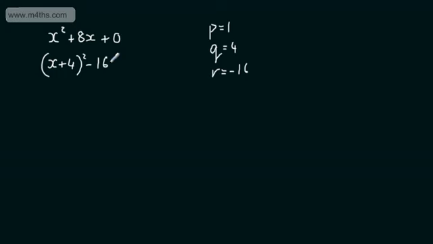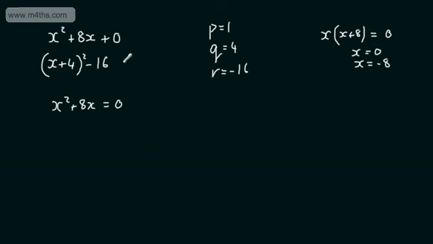Now, if we wanted to solve the equation x squared plus 8x is equal to 0, we could use this method, but quite clearly that factors to x times x plus 8, which would give us now that x was equal to 0, or x would be equal to minus 8.